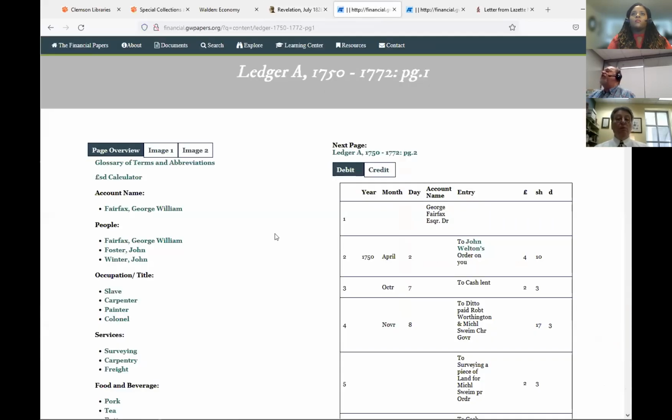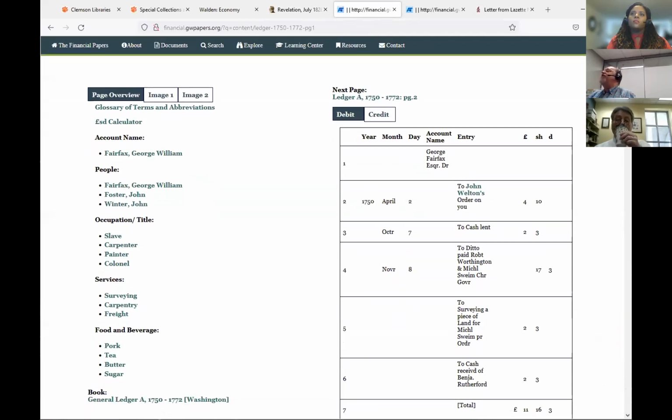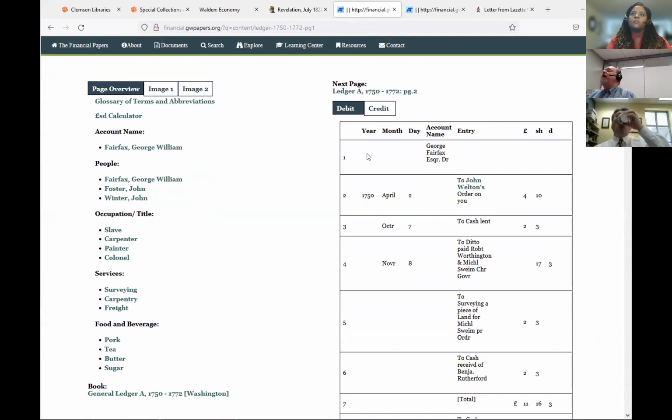Here's the financial papers of George Washington. This is the transcription of Ledger A. This gives you an overview of the page, which all of these not only calculators so that you can calculate into common day terms, but the account name people will refer to, occupations of people will refer to, services that may have been provided, food and beverages.